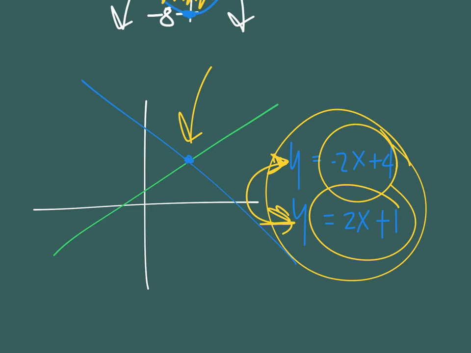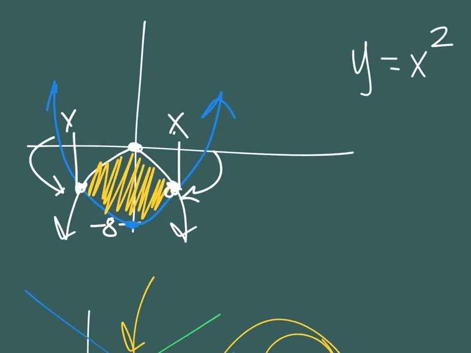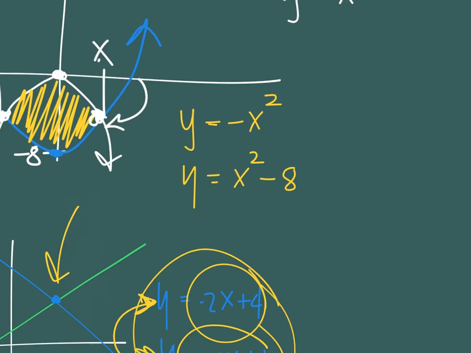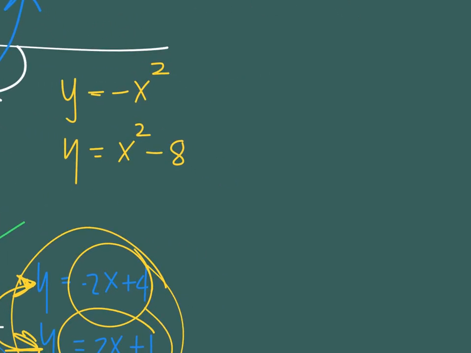So you equate them. Going back to our problem, we are getting the intersection of y equals negative x squared and y equals x squared minus 8. It's the same case. Like what you've said, we equate the two.